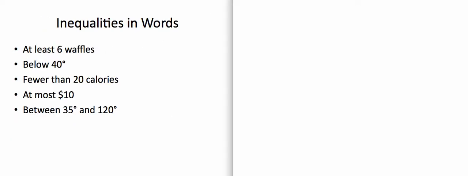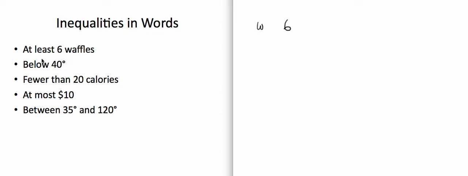So the first thing we're going to talk about is dealing with some buzzwords that will tell us what an inequality means. So if we're talking about waffles here, and the number is 6, we're trying to figure out what the inequality is with "at least."